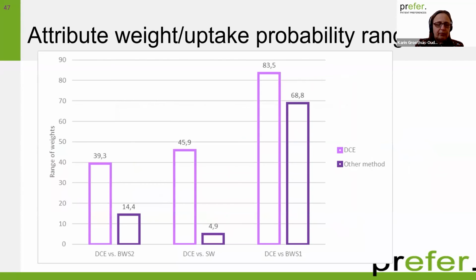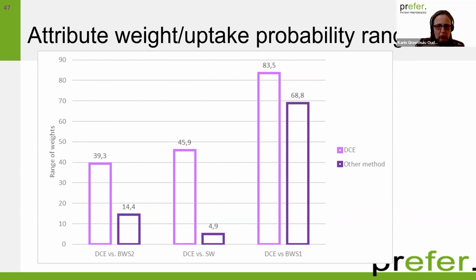Next slide. A pattern we could also see when looking at the 4 comparisons is that compared to the DCE, the ranges in the attribute weights or the uptake probability range is much smaller for the other methods. And this difference was most apparent in the diabetes study.